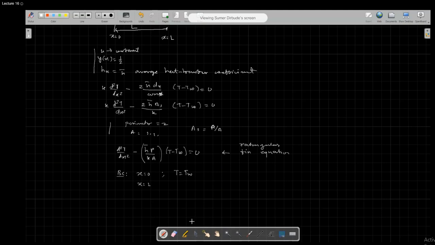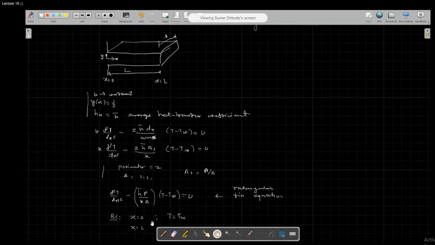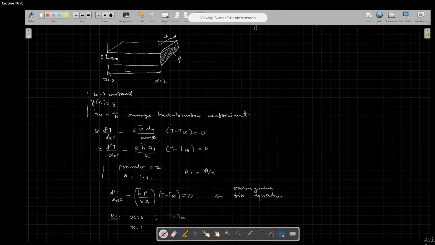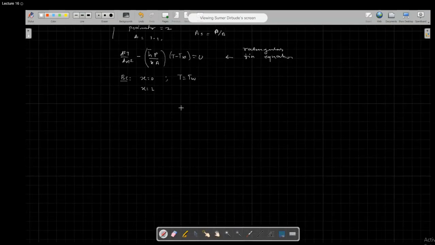For our purpose, to solve this problem, we consider one boundary condition, that here the q at x equals L is 0. Which means that dT/dx is equal to 0, since K cannot be equal to 0. So dT/dx is equal to 0.